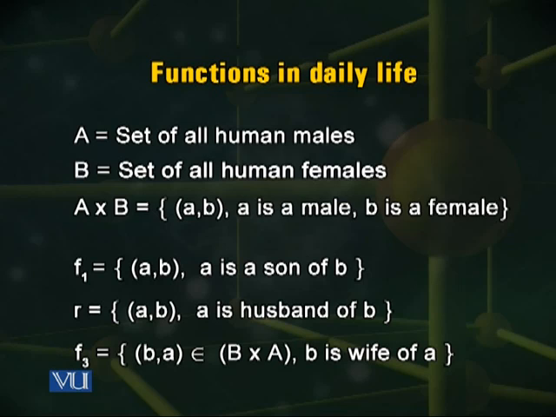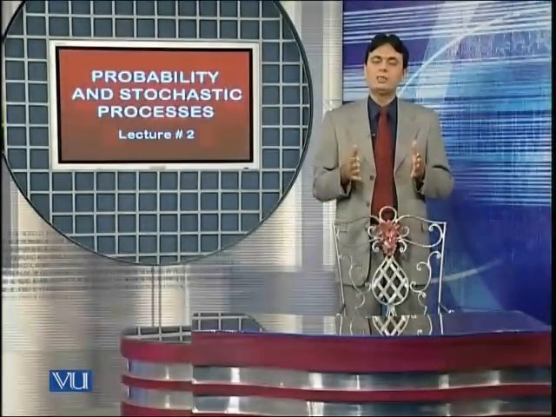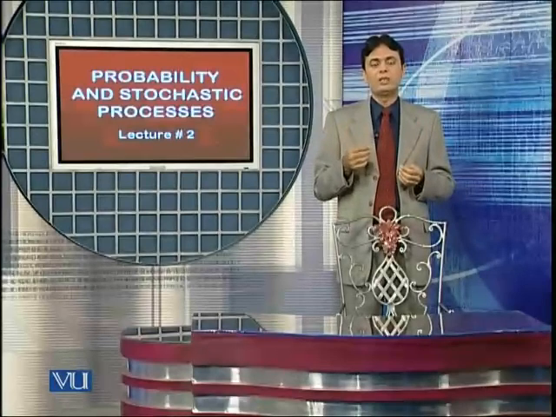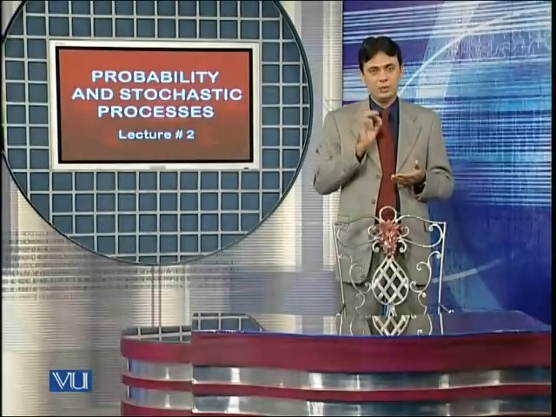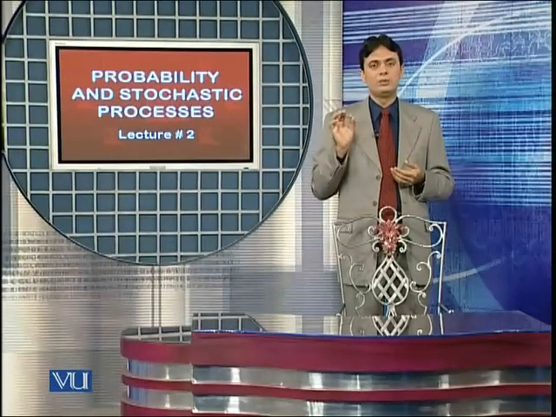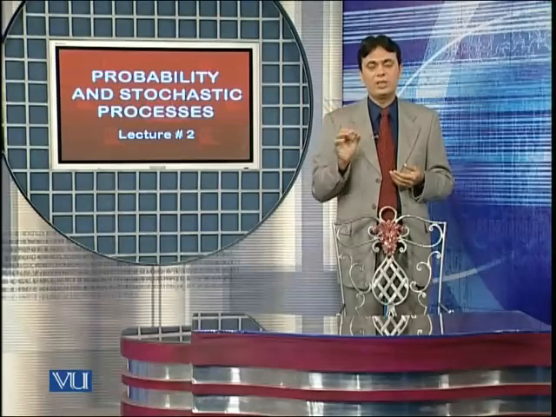So female comma male, if they are married, forms a function. But male comma female, if they are married, in some societies forms a function, in others it's just a relation. So functions are special restrictive subsets of the Cartesian product with a unique rule that knowing the domain element gives you all the information needed to find the range element.